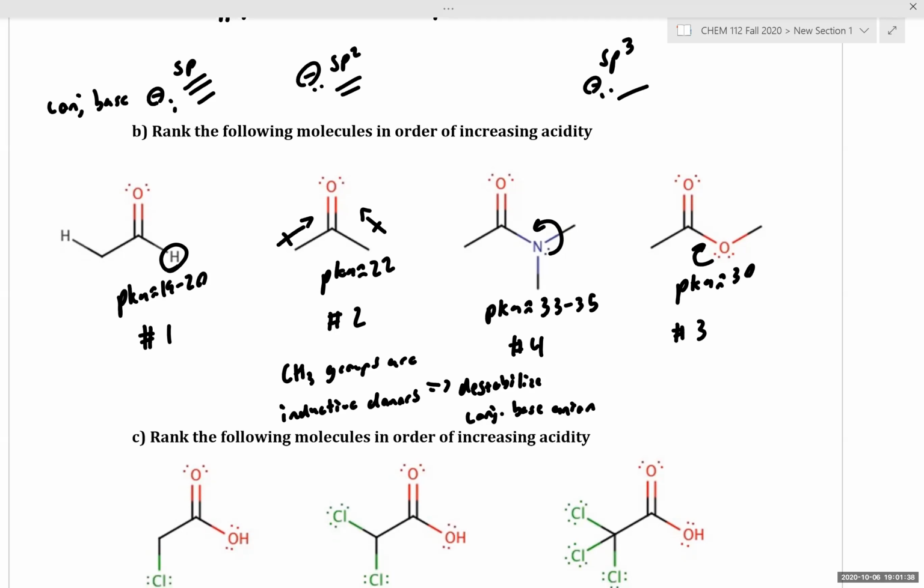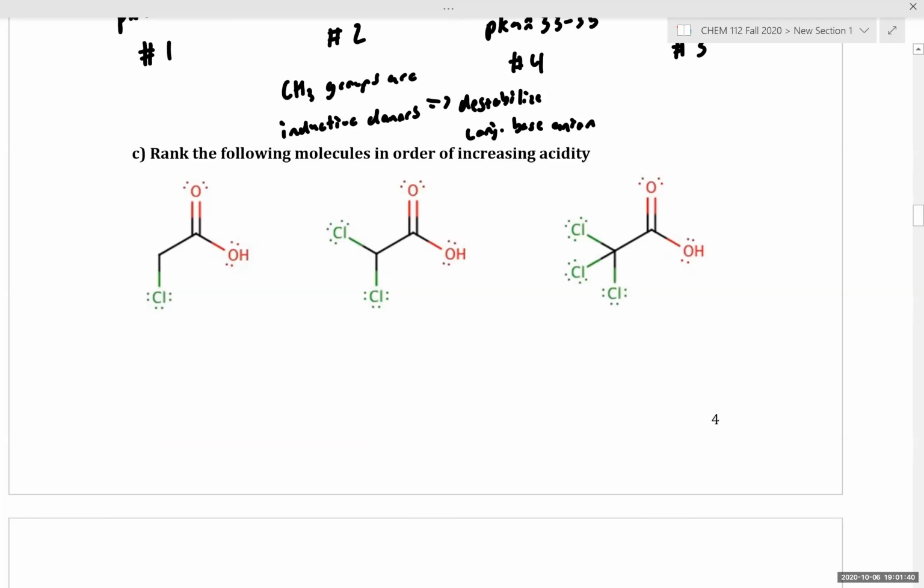Okay, let's look at the next example where we're comparing inductive effects. So chlorines are inductive electron withdrawing, and the greater the number of inductive electron withdrawing groups, the larger our acidity. Because remember, these inductive withdrawing groups can stabilize our conjugate base anion.